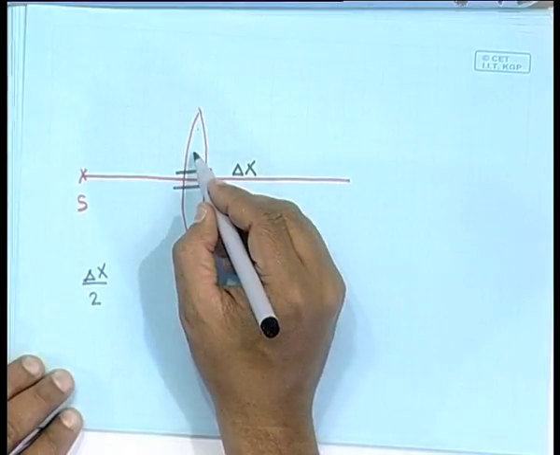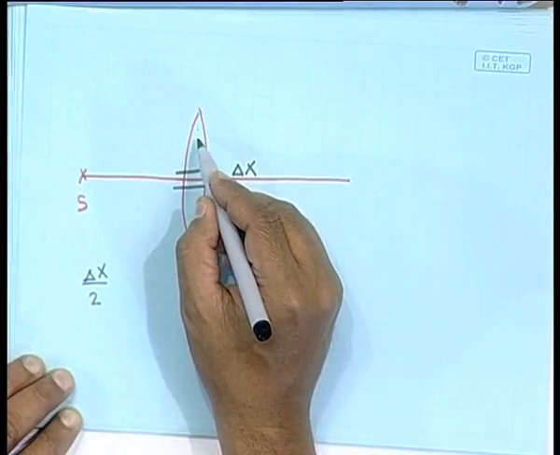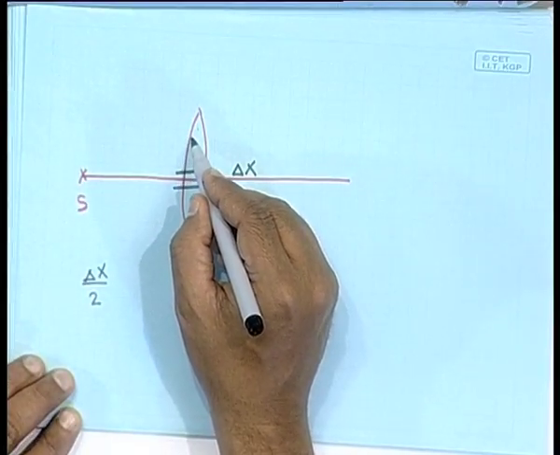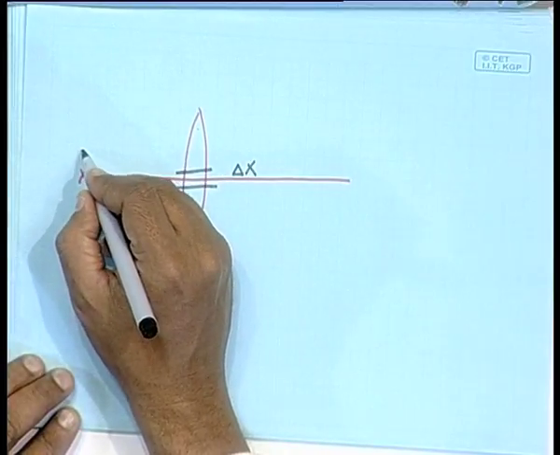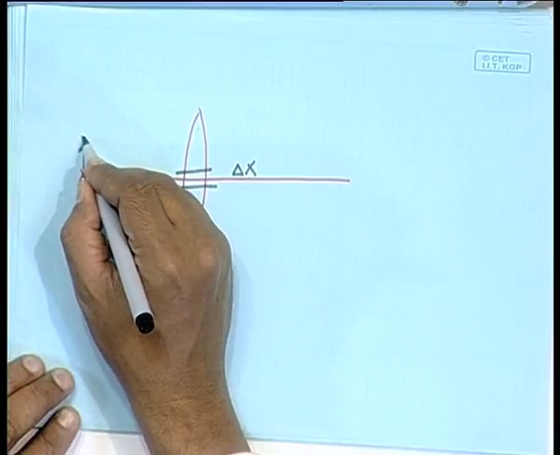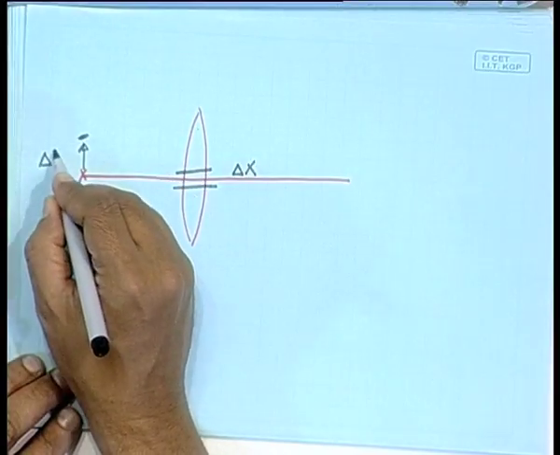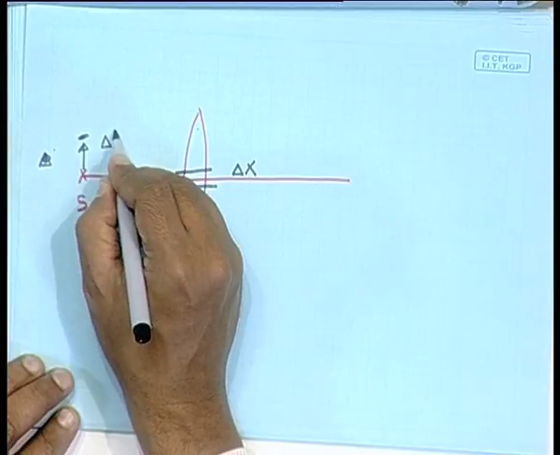So, for the upper part of the lens, when I shift it down, this is equivalent to shifting the source up by an amount delta x by 2.